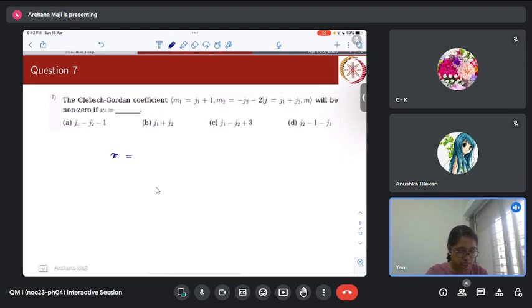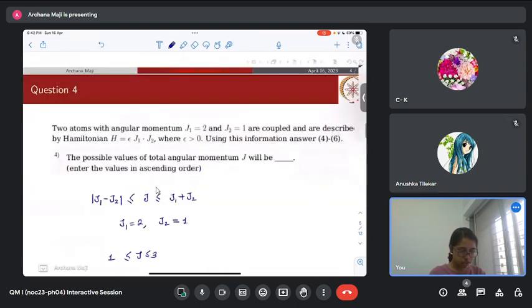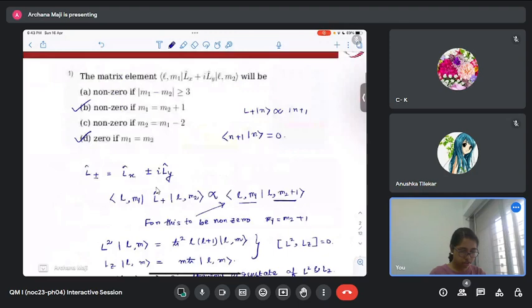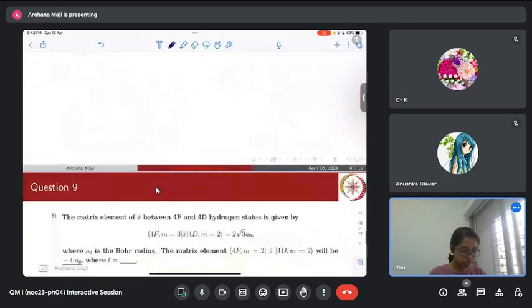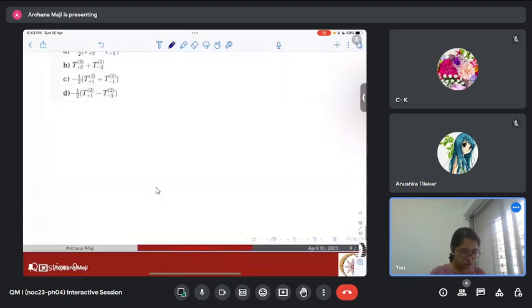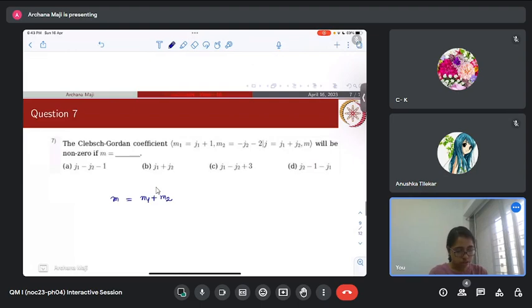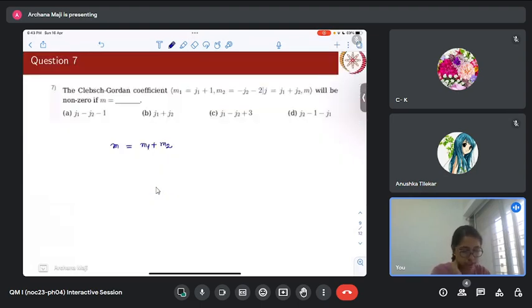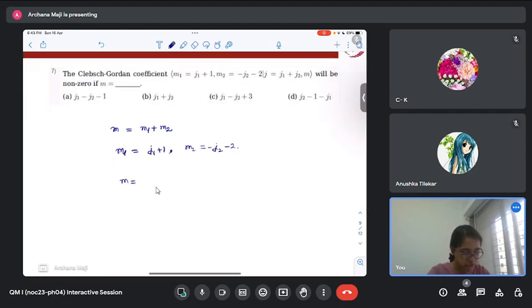The condition is m has to be equal to m1 plus m2. So here, what does that mean? Here m1 is equal to j1 plus 1 and m2 is equal to minus j2 minus 2. So m has to be equal to j1 minus j2 minus 1.